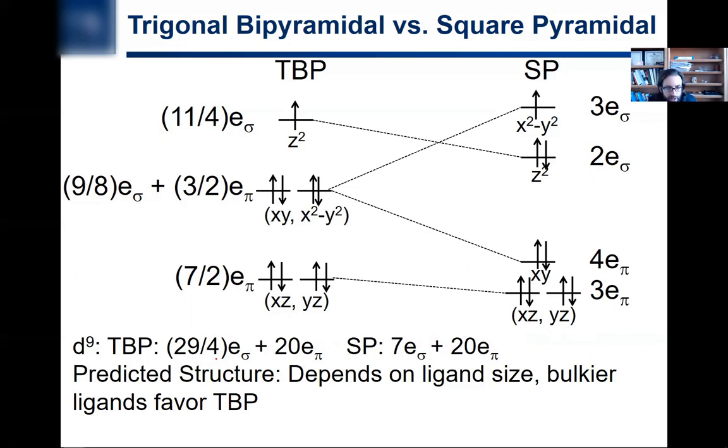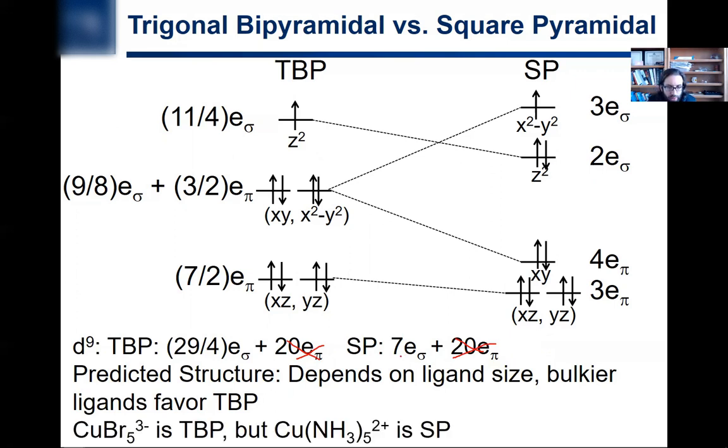So it's 7 and 1/4 E sigma. So that's only 1/4 E sigma. That's basically very little. So if you have very bulky ligands, you're definitely going to be TBP. Whether or not it's pi donating or pi accepting doesn't matter because the E pi parts are equal, right? But if you have big ligands, it's going to be TBP. Otherwise, you'll have a slight preference for square pyramidal.